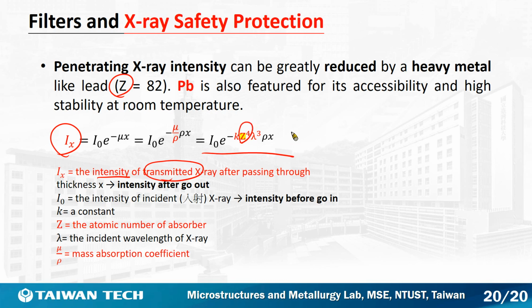If we have a higher atomic number here, it can give rise to a very small intensity for transmission. So this is the mechanism of how we use this knowledge to protect us. In general, it is very useful, very easy to get, and has very high stability at room temperature, so it is used to protect humans from the X-ray.